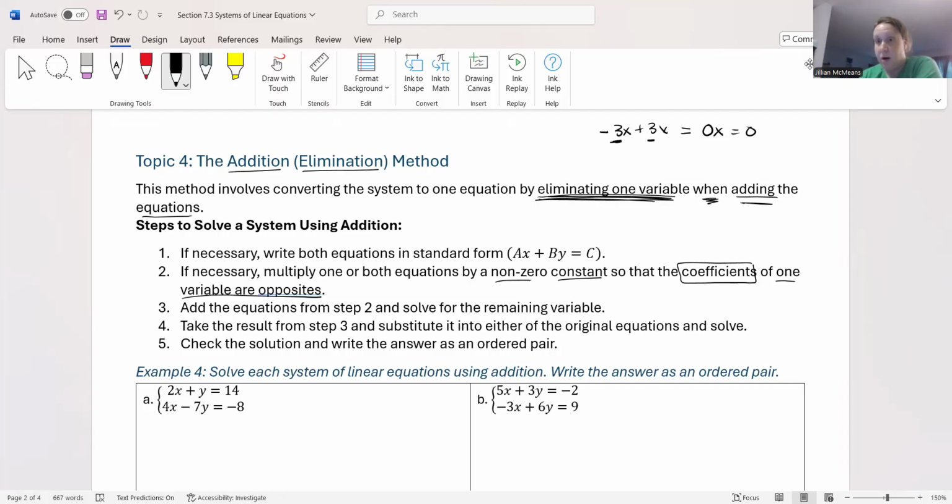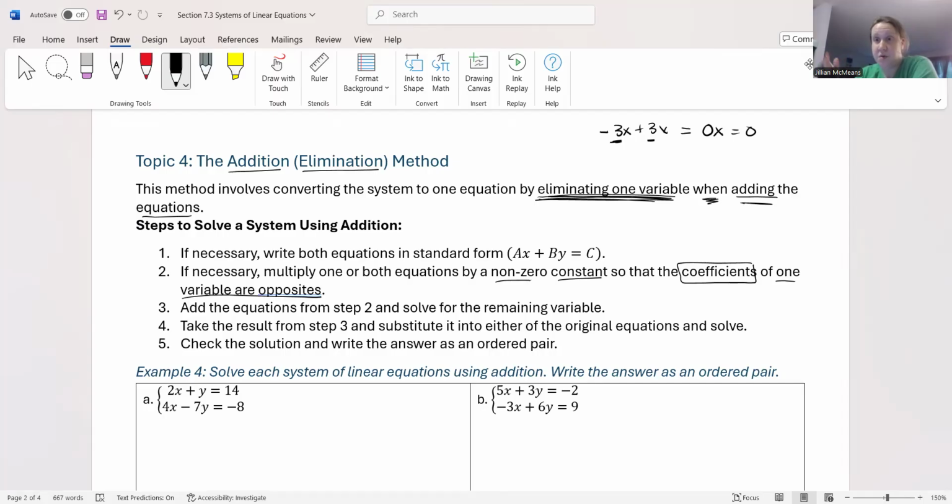So again, our goal is to eliminate one variable by adding the two equations. For this to happen, that variable has to have opposite coefficients. And in order for this to happen, you can multiply all of one or both equations by some non-zero constant. Once one of the variables has opposite coefficients, you add the two equations.